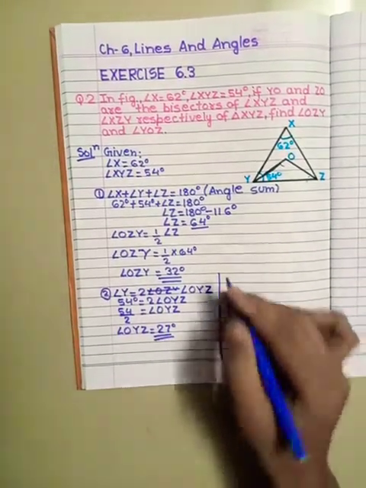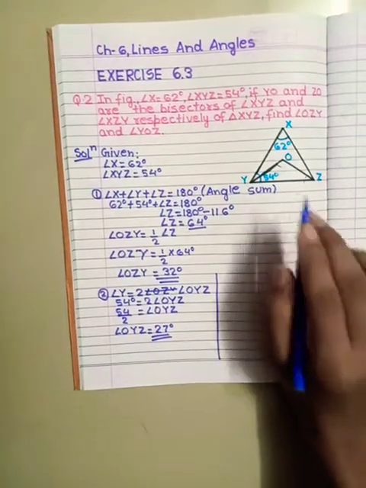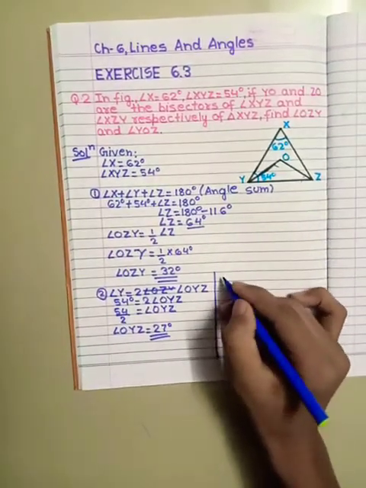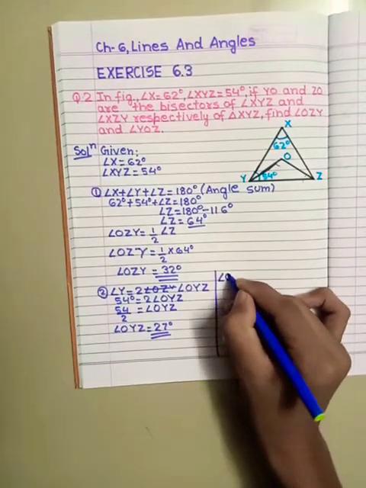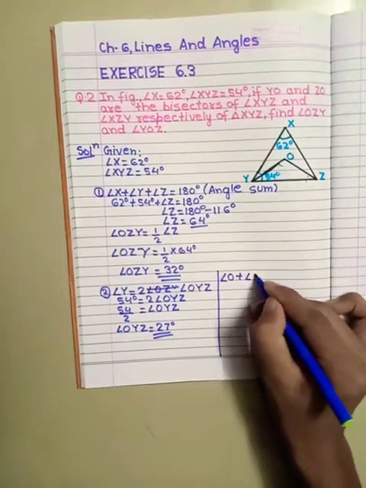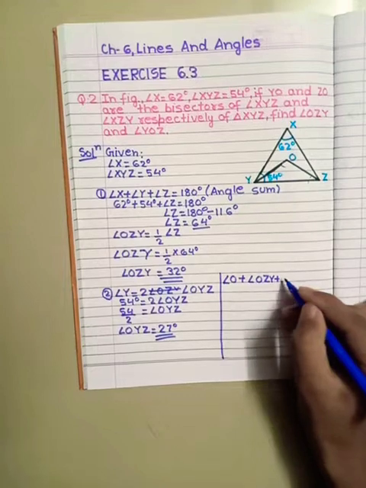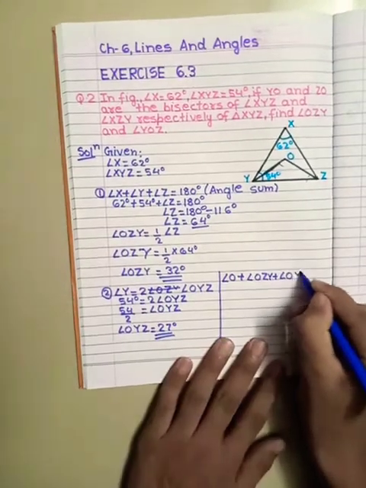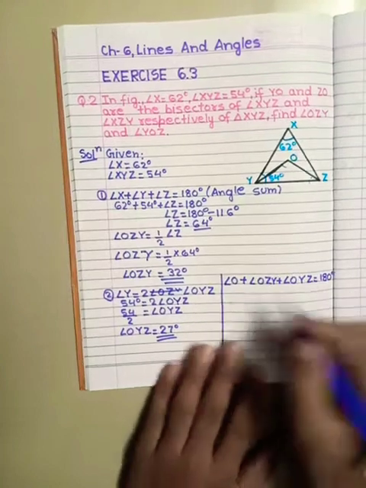So now by the angle sum property of a triangle, we can write that angle O plus angle OZY plus angle OYZ will be equal to 180 degrees.